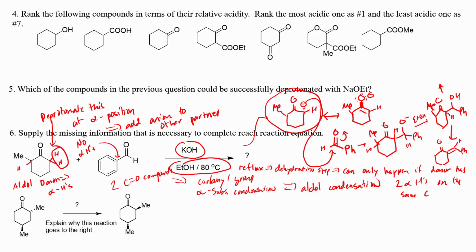It can make hemiacetal, and all those things are happening. But the only thing that moves us in a forward direction to the thermodynamically most stable product is removing this proton right here. Okay, so removal of that is going to make the anion there.